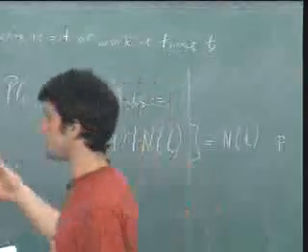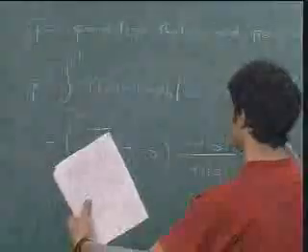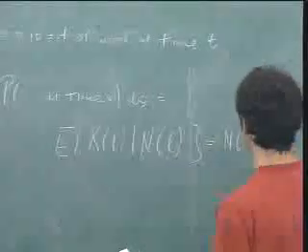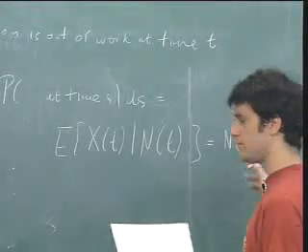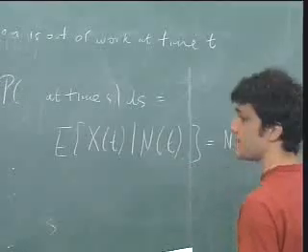Because this is the probability that a person who arrives in time from 0 to t is out of work at time t. So if we have this many people arriving, then the expected value conditioned on that will be just the number of people times this probability p.